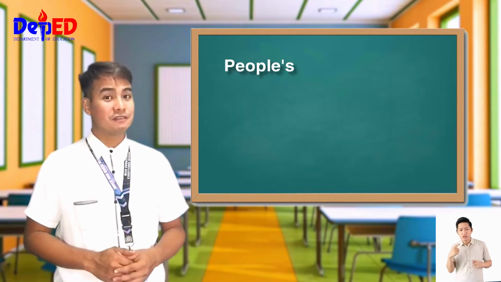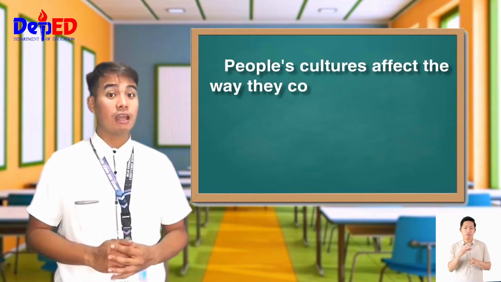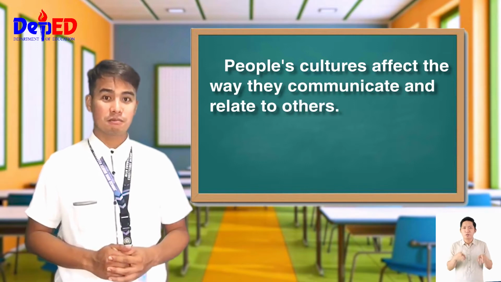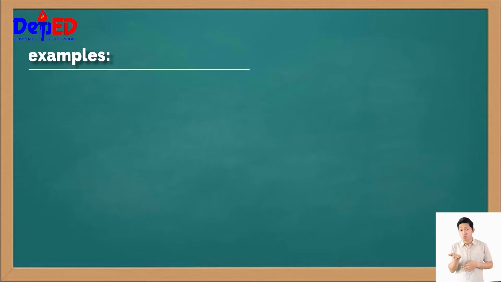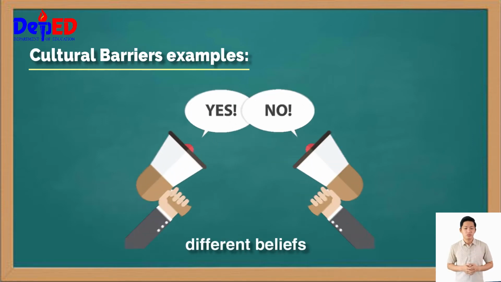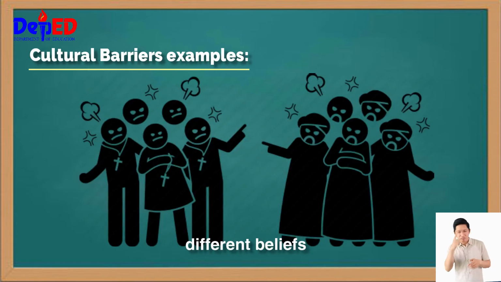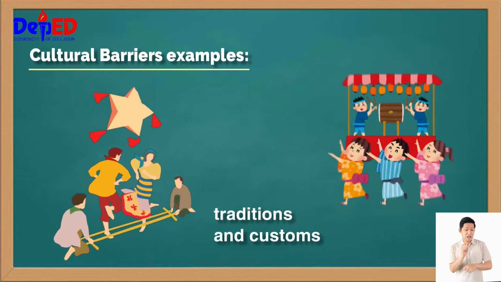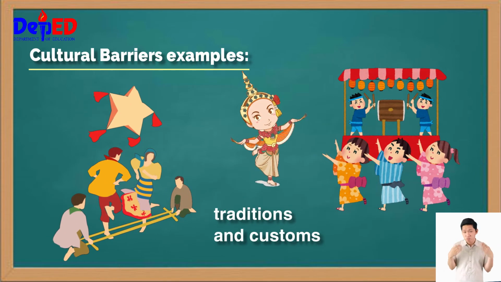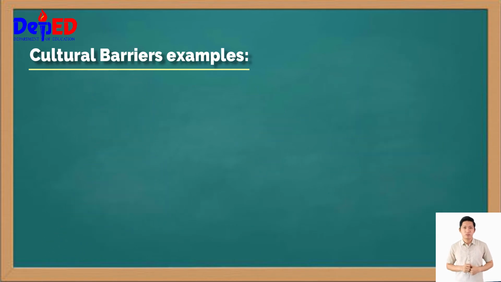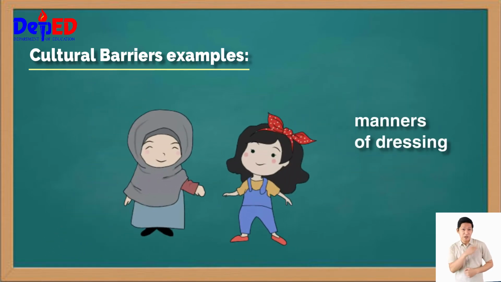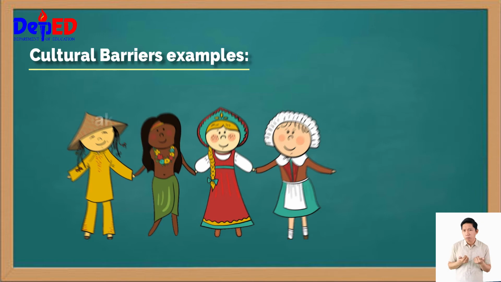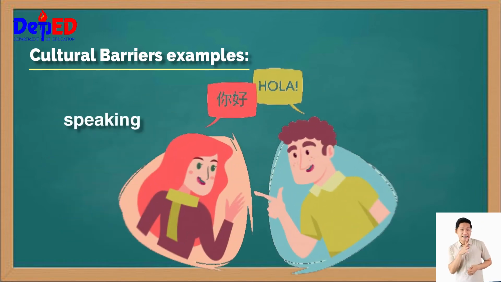People's cultures affect the way they communicate and relate to others. Examples are different beliefs, traditions and customs, manners of dressing and speaking.